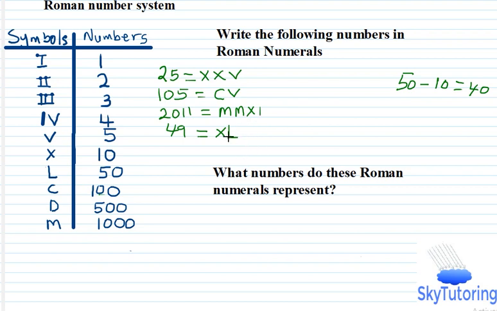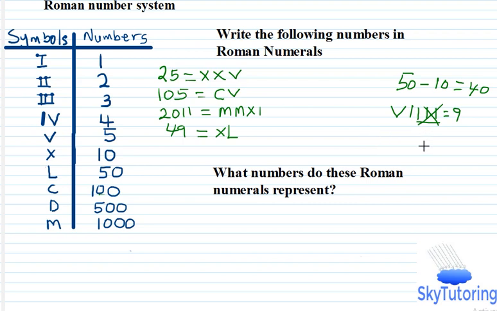So we've written 40. How about 9? Same thing goes for 9. If I'm to write 9, I cannot write 9 as, let's say, we have 5, which is V, then IIII. This is 1, 2, 3, 4 plus 5, giving us what? It will give us 9, isn't it? Now, this is not acceptable in the Roman system.